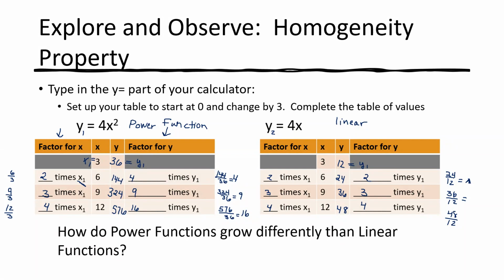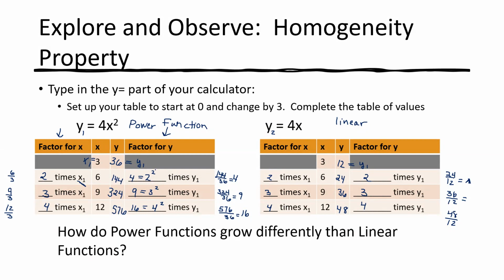So when I look at the factors for x, 2, 3, 4, and I look at the factors for y, 4, 9, and 16, what I noticed is that 4 would be 2 squared, and 9 would be 3 squared, and 16 would be 4 squared. And so what I see here is that the base, the 2, 3, and 4, are the same for the x and the y.